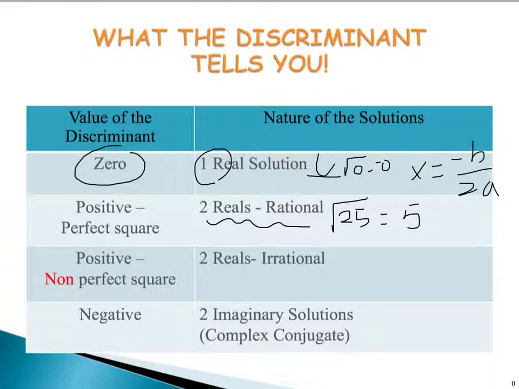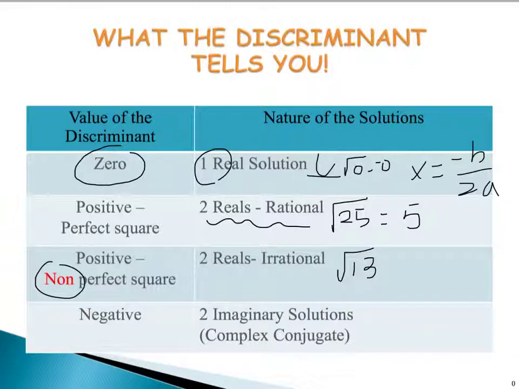When the discriminant is positive but not a perfect square, you're going to have two real but irrational solutions. For example, square root of 13 is an irrational number. So you will have two irrational solutions.